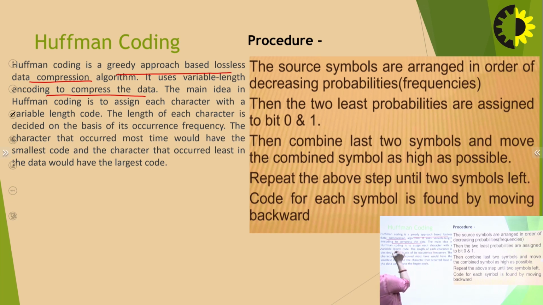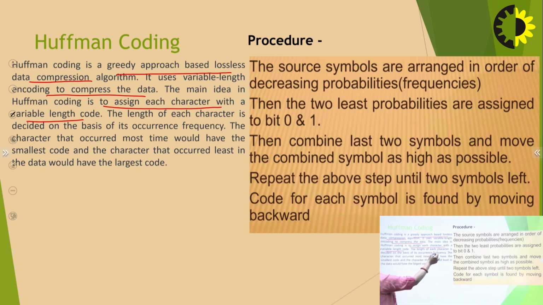The main idea in Huffman coding is to assign each character a variable length code. So what is the significance of this? We are giving some code length to a particular probability, to a particular symbol.